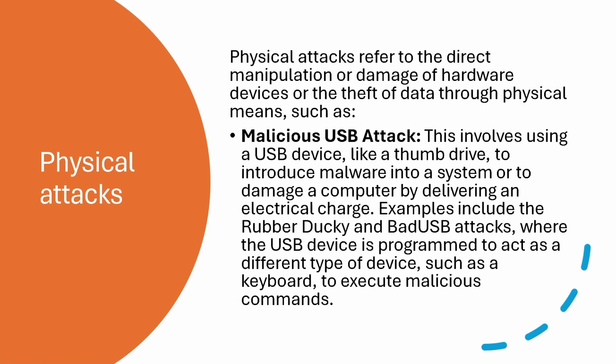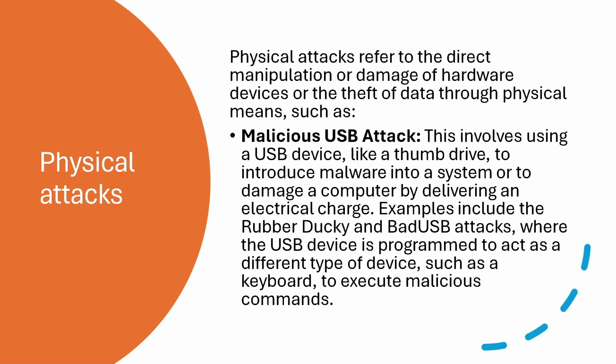Physical attacks. Physical attacks refer to the direct manipulation or damage of hardware devices or the theft of data through physical means, such as malicious USB attack. This involves using a USB device like a thumb drive to introduce malware into a system or to damage a computer by delivering an electrical charge.